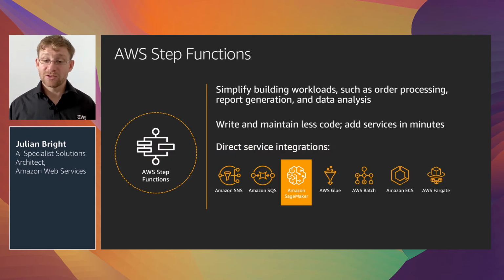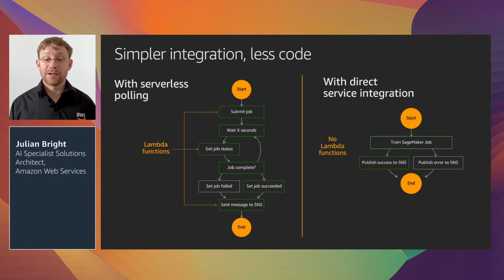And with these direct service integrations such as SageMaker, we can avoid having to write polling type infrastructure similar to what you see here, where we have to submit a job, wait a period of time, get the status, check if that's complete, and then repeat this loop. With a simple direct integration, when we trigger this job, the next step in the pipeline will either be a success or failure condition based on the outcome of that step. So greatly reducing the code required for the step function.